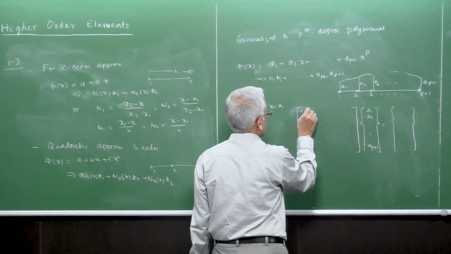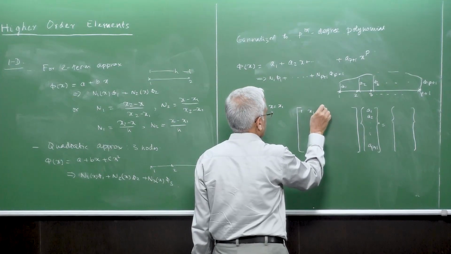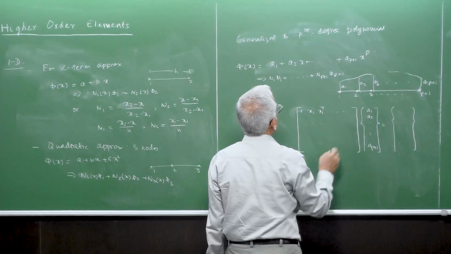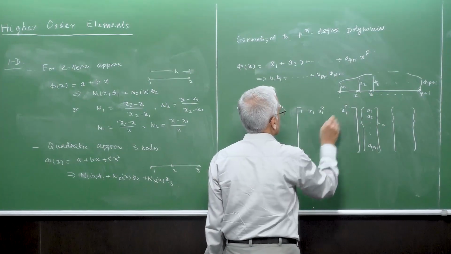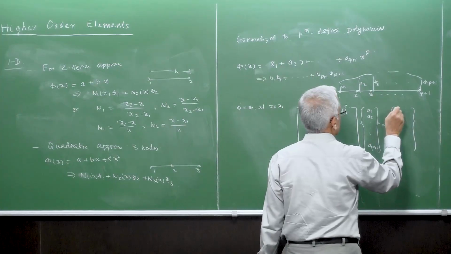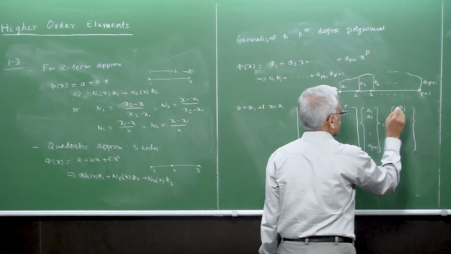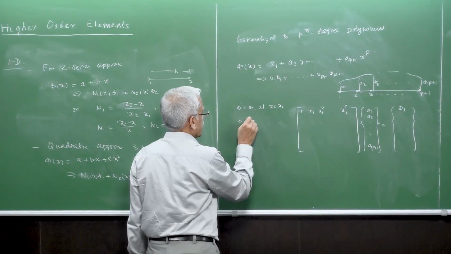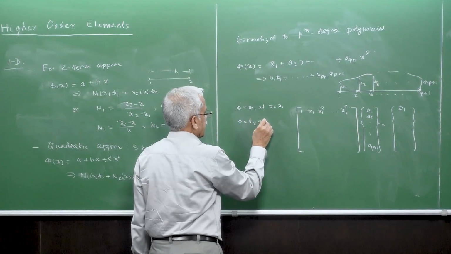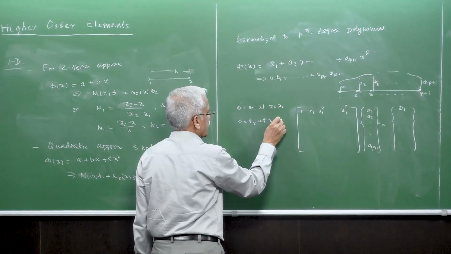So then we have phi 1. So if phi becomes phi 2 at x is equal to x2.